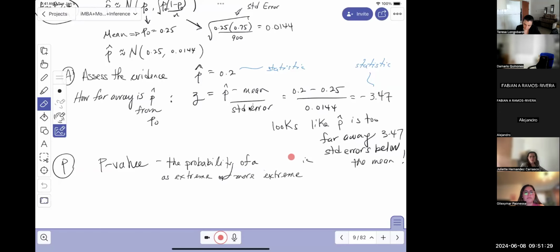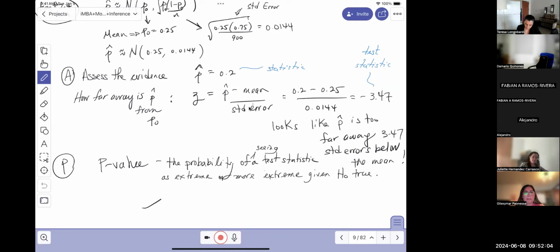This is a general statement. So here I'm calling it a z statistic, but in general I'll say test statistic. The probability of seeing a test statistic as extreme or more extreme, given H naught is true.